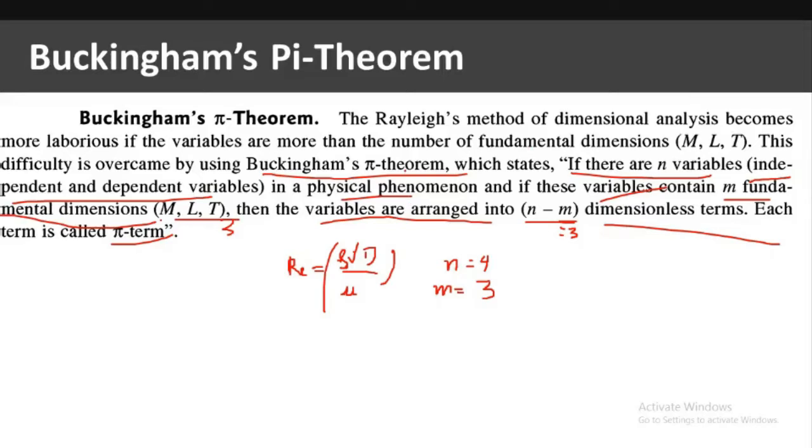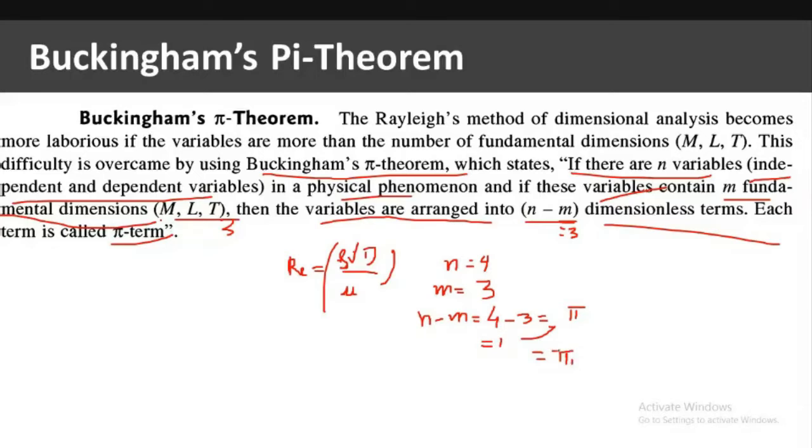If there are n variables in a physical phenomenon and out of these n variables there are m fundamental dimensions, then this equation can be arranged into n minus m, that is 4 minus 3, dimensionless terms, and each dimensionless term is called a pi term. So there will be 4 minus 3, that means 1. So there is one dimensionless term and that dimensionless term is called pi 1.